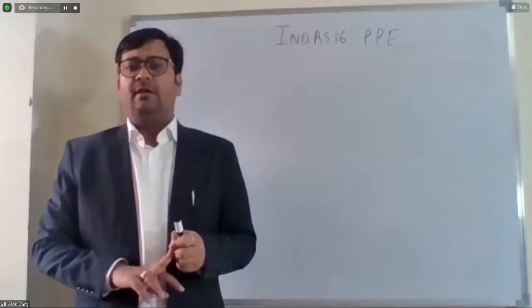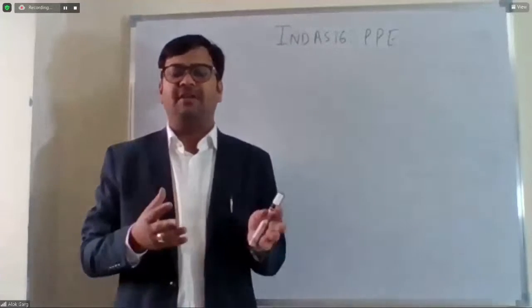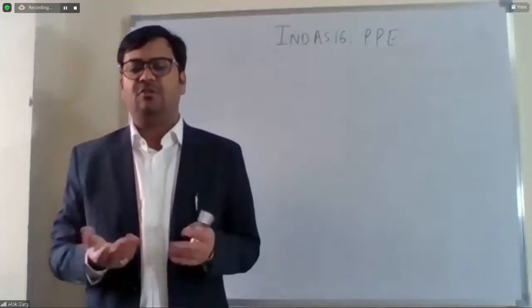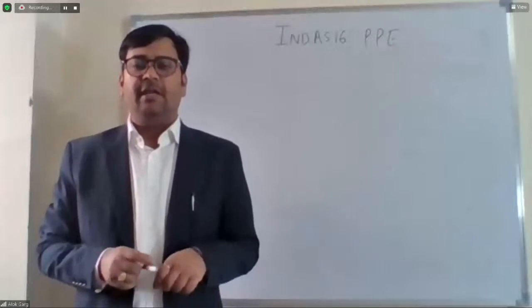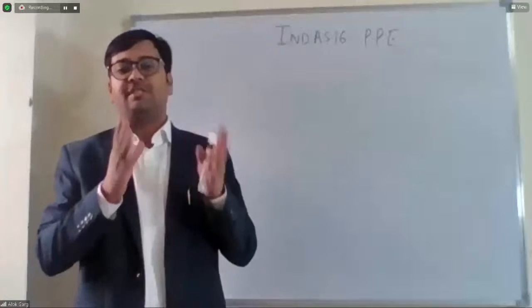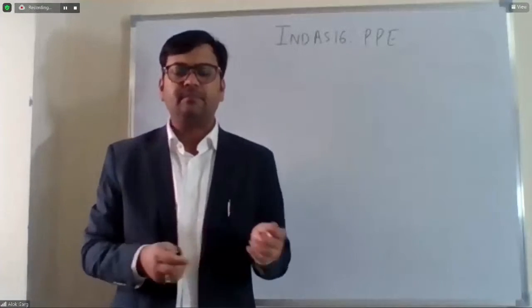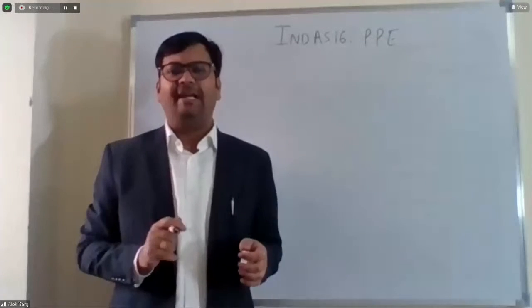And we talked about the mineral rights and exploration and evaluation of mineral assets. That is also covered under Ind AS 106. If there are some assets which are related to these activities, of course, those assets are covered under Ind AS 16.